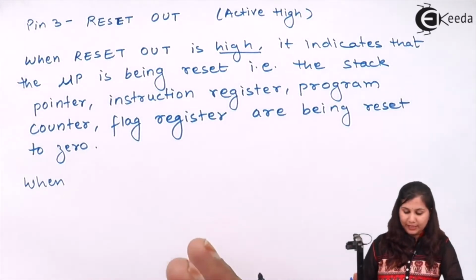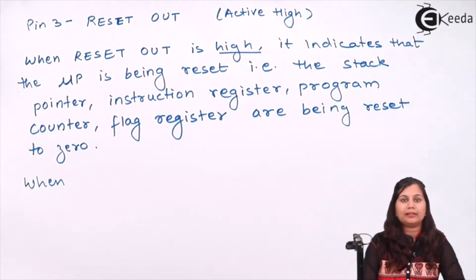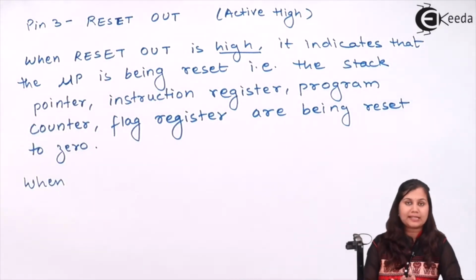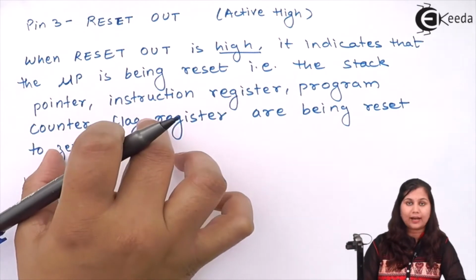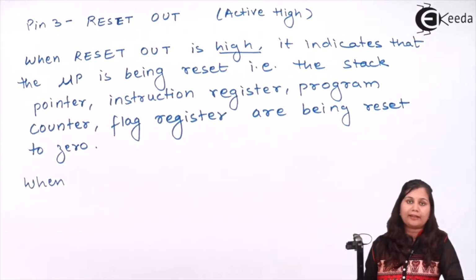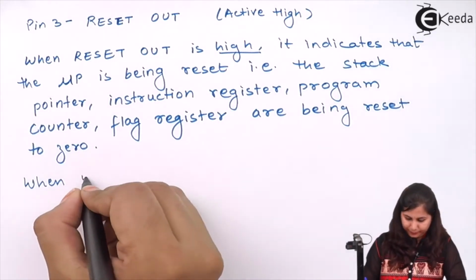Now, while processing, if you want to again bring back the microprocessor to its initial conditions, then just press this switch or reset out signal, and then the microprocessor is again brought back to its initial conditions.